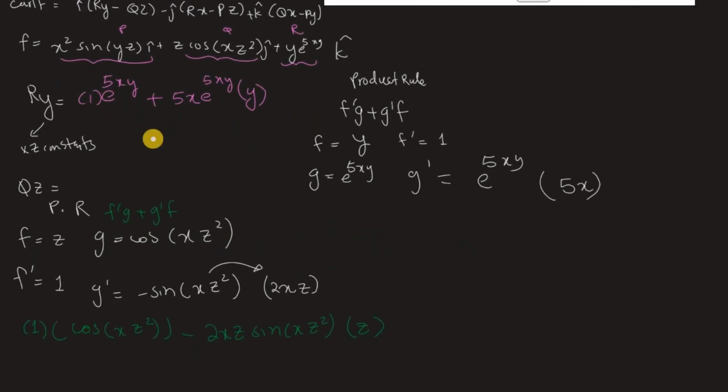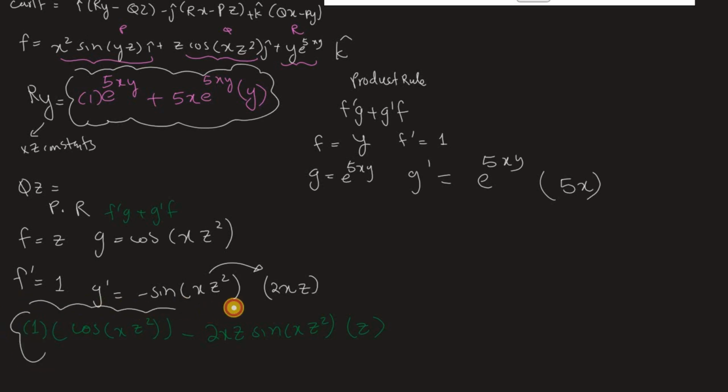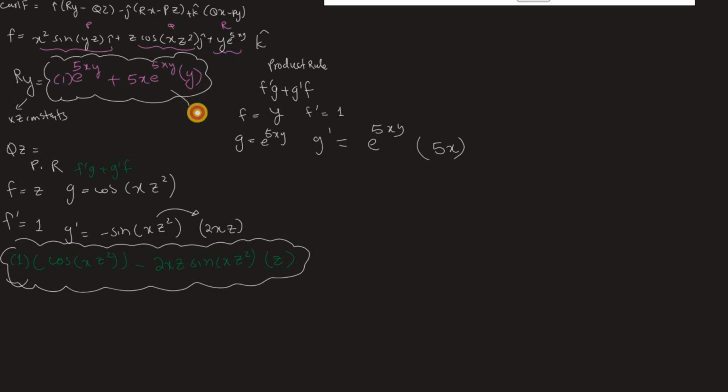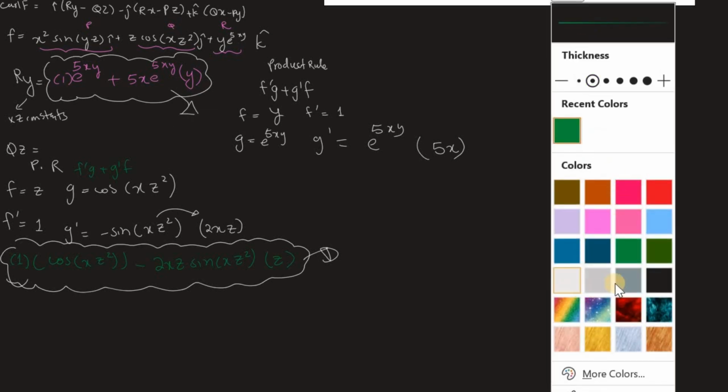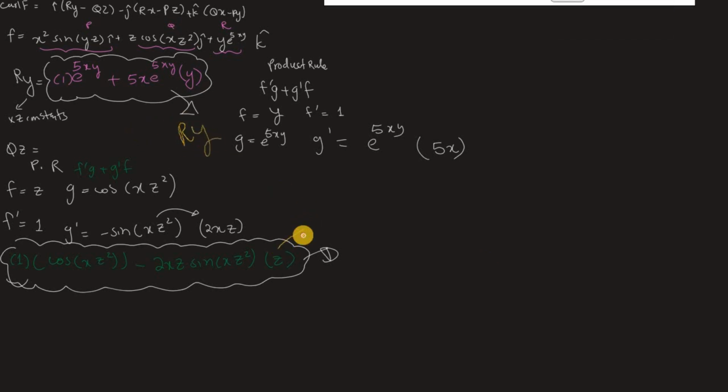I'm just going to do it like this, so that when I put this into the formula, it's easier for me to figure out where the values are. So this is ry. Let's put it in another color. This is qz.